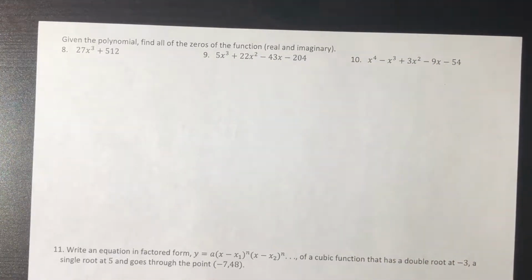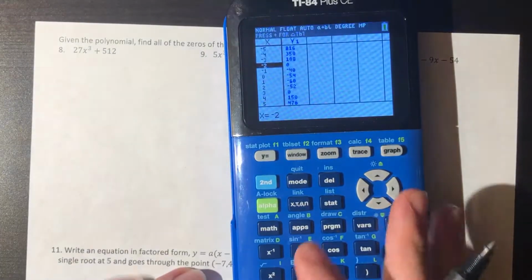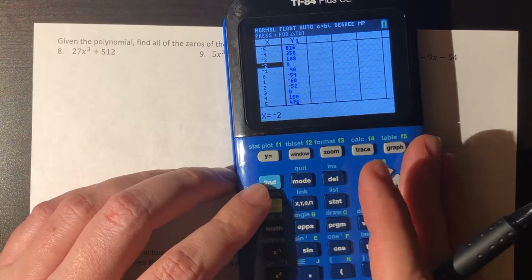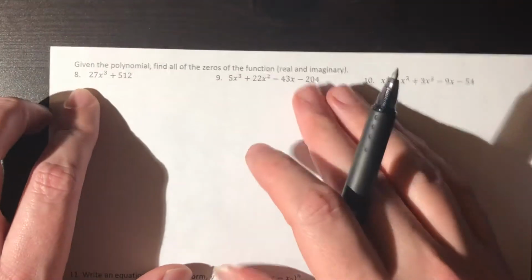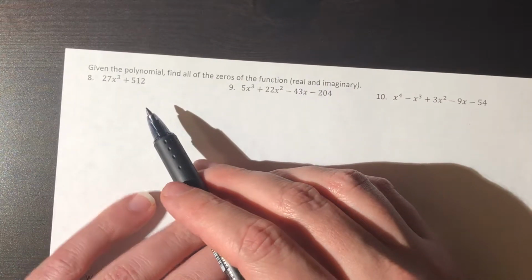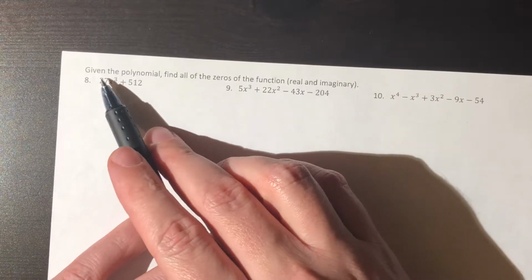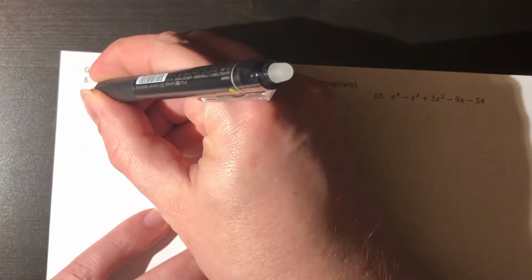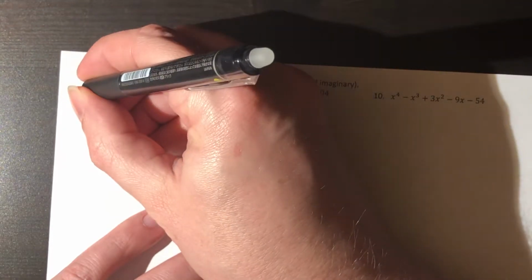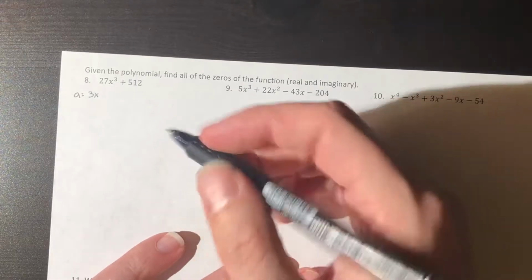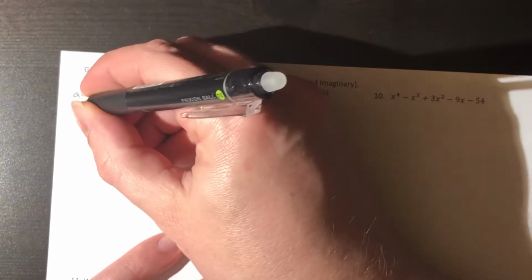So for this first one, we could put it into the calculator for us, but we can also notice that this is an example of a sum of cubes. Because 27x cubed, that is if I had 3x that had been cubed, so my a value is 3x, and 512 is if I had 8 that had been cubed.